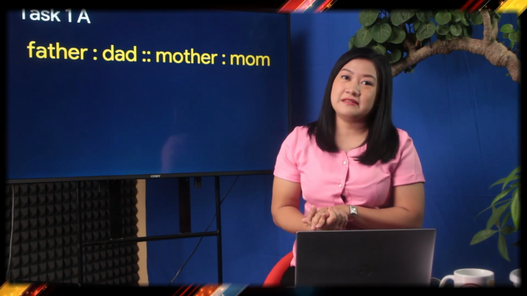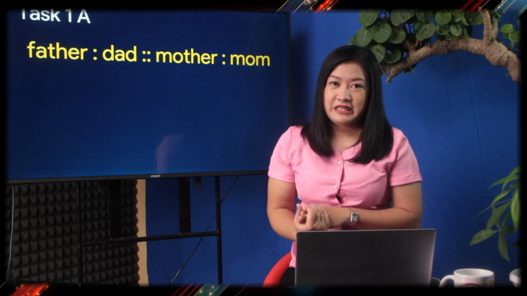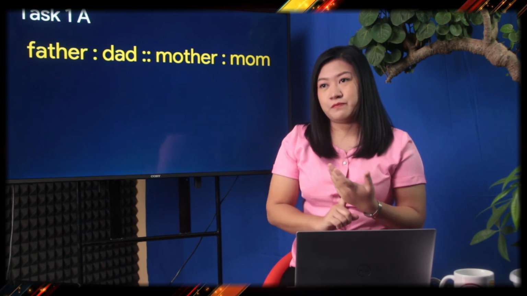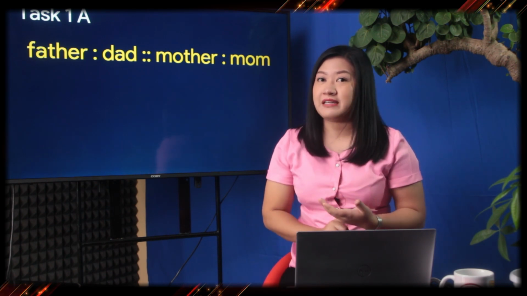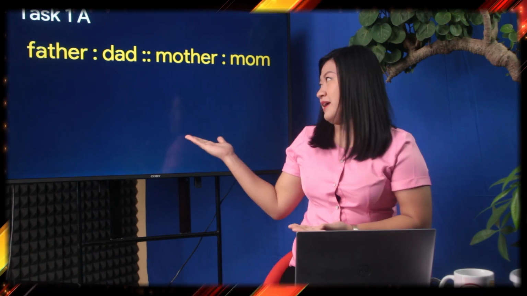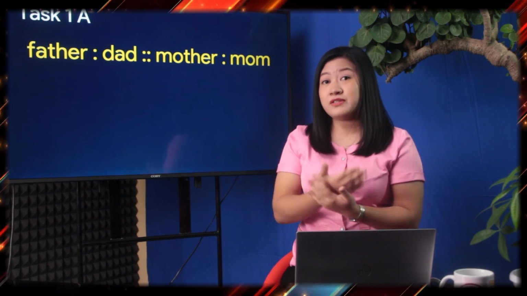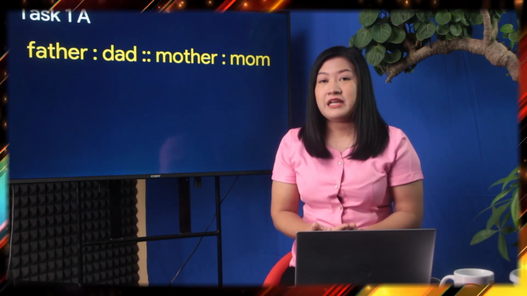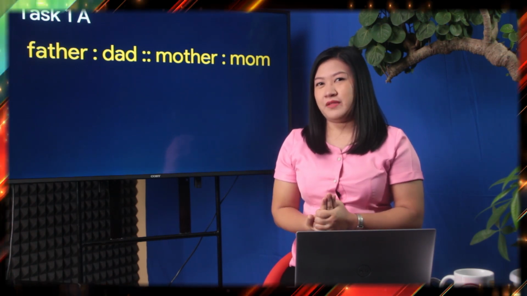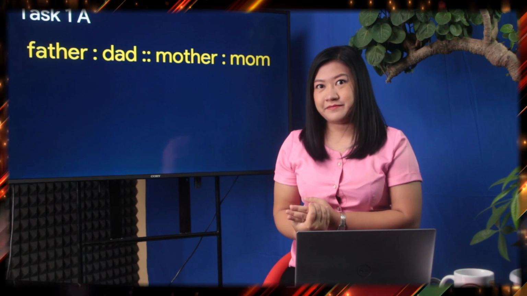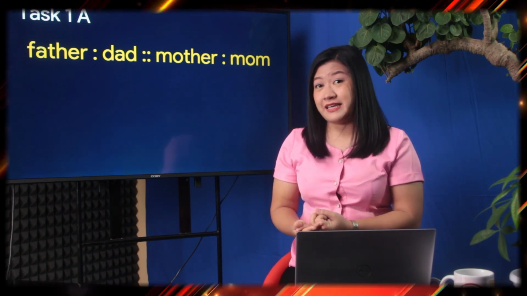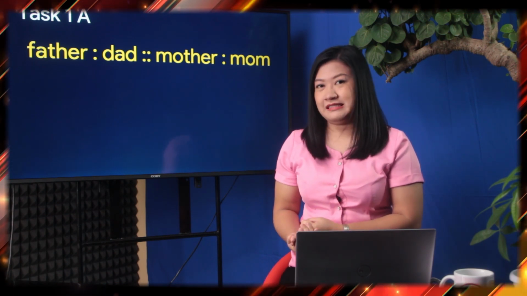You were taught in the previous episode that the single colon is to be read as "is to," and the double colon is to be read as "as." So, with this statement, father is to dad as mother is to mom. What do you think is the relationship among these things? Is it synonym, antonym, or part-to-whole?